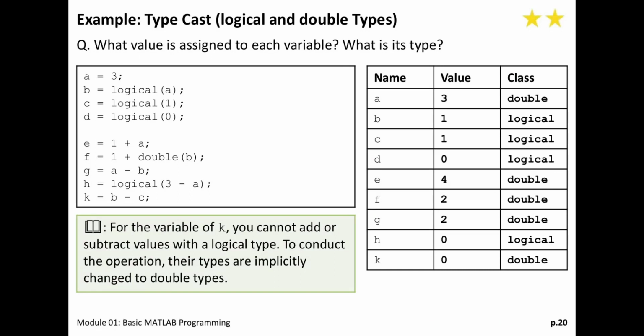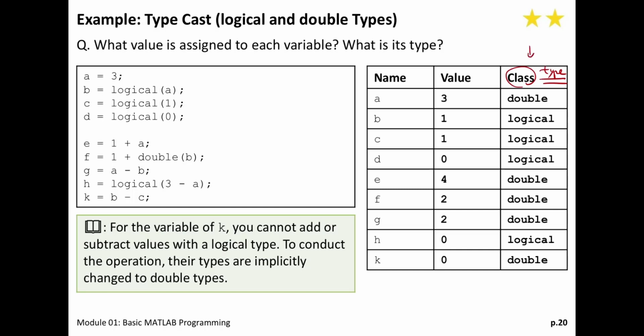Here's a short example about the typecasting for logical or double type. Okay, what value is assigned to each variable from A to K, and then please get their types. Basically in the workspace you can check the class or the type as well, but in this case I'm asking you the types of the variables.